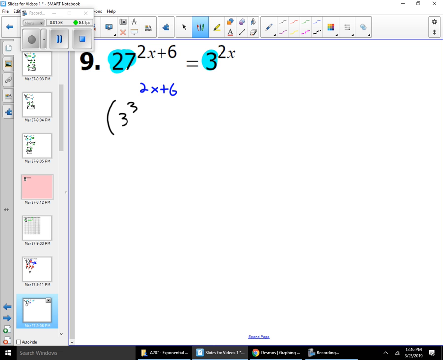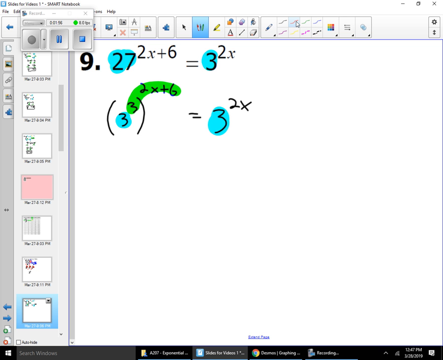So we have 3 cubed to the 2x plus 6 power. We didn't change anything on the right, so we'll leave that alone. So we have common bases, but there's a bit of extra work to do here.